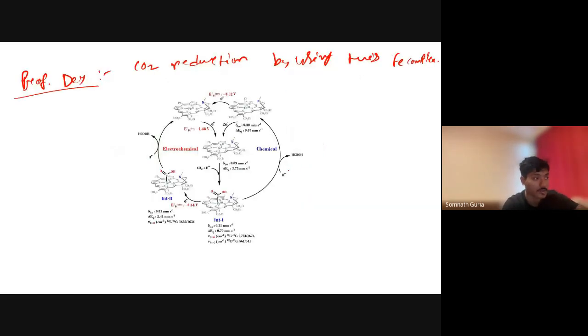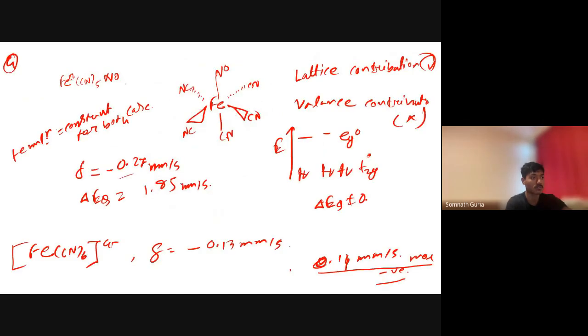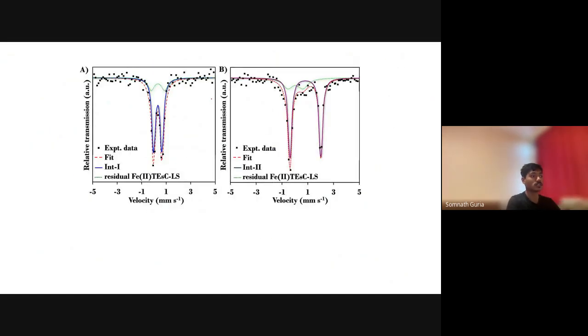So here the hypothesis is, okay, they found that intermediate 1, iron 3, is CO2 bound iron 3, and after one electron reduction they found iron 2 CO2 bound. They found this iron 2 and iron 3 have been recorded differently, and then they compared this iron 2 and that iron 2, which are both different, as found over here.